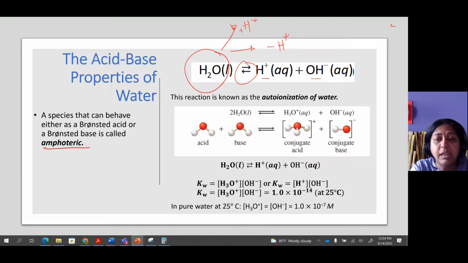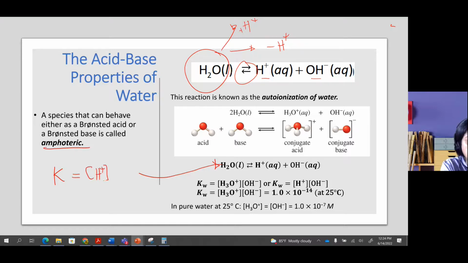So we write the equilibrium constant. If we write the equilibrium constant for that, we get the multiplication of the product concentrations in the numerator, and these are aqueous, and the H2O concentration. H2O is in liquid state, so its concentration is a constant.